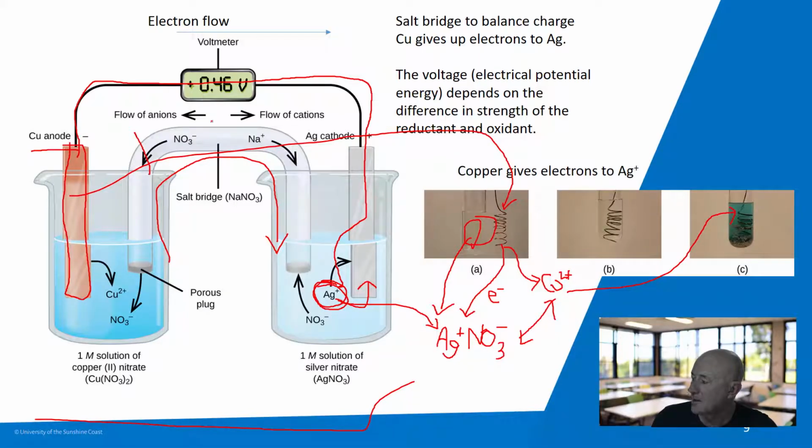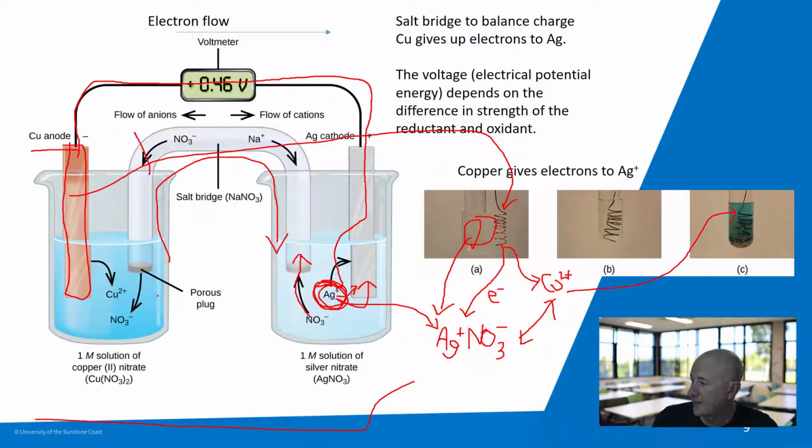And it's allowing this flow of counter ions. In other words, every time one of these silver ions gets converted to a silver metal atom, this counter ion can no longer stay here because there's an excess of negative charge in this beaker, and therefore it moves up through this salt bridge here.